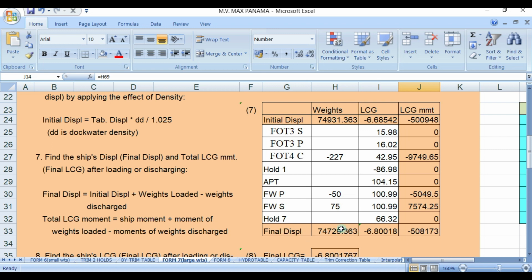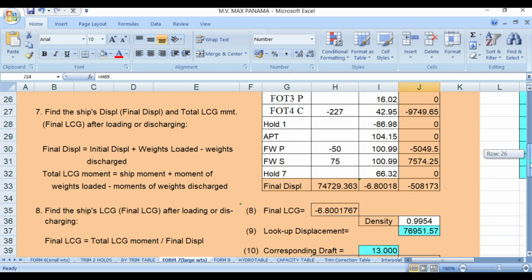This will be your final displacement. Your final LCG will be negative 6.80018, and this will be your total LCG moment. Okay, and we go to number 8.